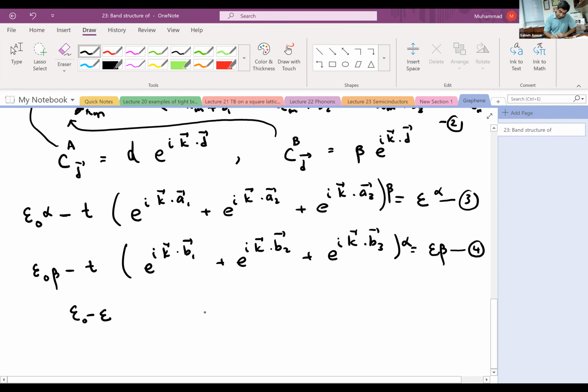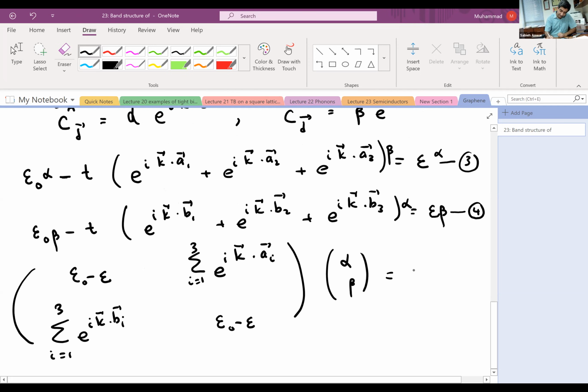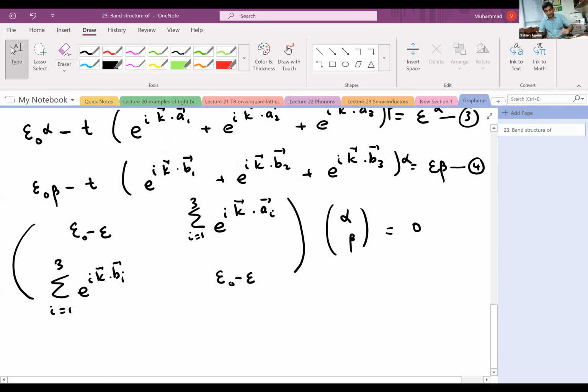Now I can put this in matrix form, and I'll end up with E naught minus E, the sum of e^(ik·a_i), where i goes from 1 to 3, and the sum of e^(ik·b_i), where i goes from 1 to 3, E naught minus E, acting on alpha, beta gives me 0. Now, if I need to solve this for alpha and beta, I can always do that.